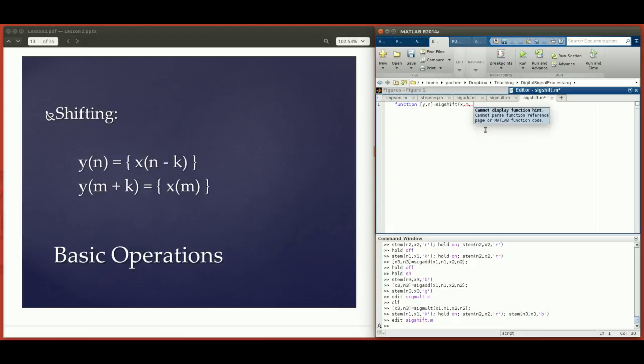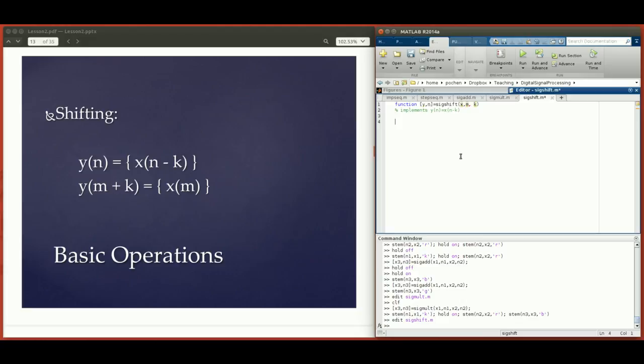So x and m, basically the input amplitude and the time axis of that x signal. And then the amount of the shift, let's just call it k. Implement yn equals x and subtract k.